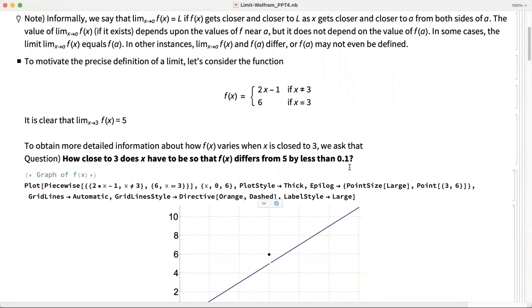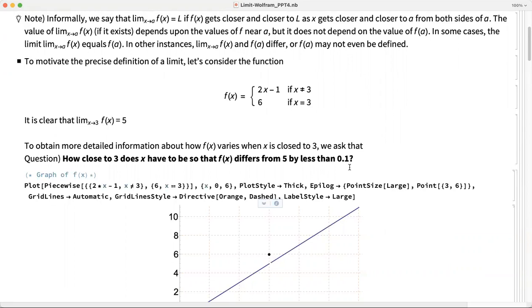Specifically, we want to find the range of x so that the distance between f of x and 5 is less than 0.1.